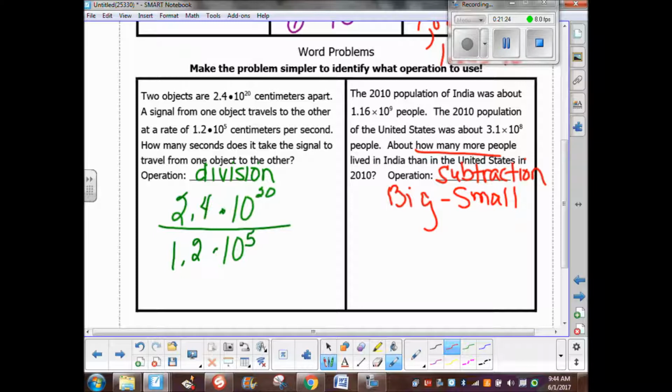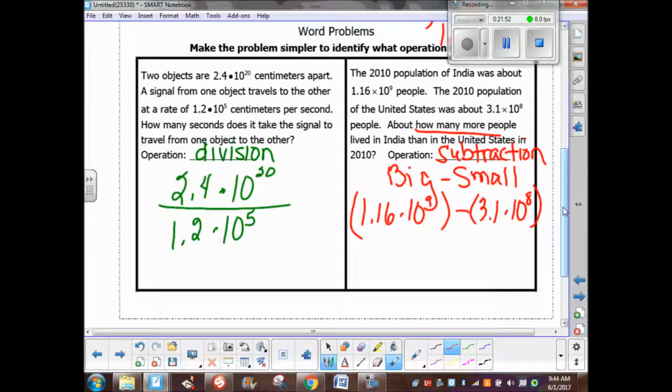So which one is the bigger number, Roman? 1.16 times. That's the bigger one, minus the population of India, minus the population of the United States. Is this accurate? Probably in 2010. India definitely has a bigger population than the United States.